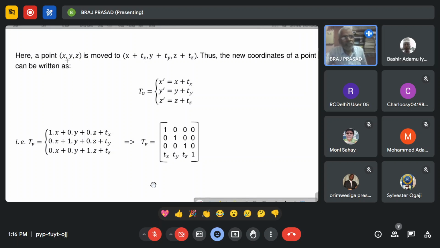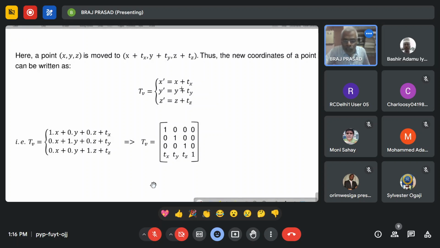A point x, y, z will be denoted like this: x plus tx, y plus ty, z plus tz. Thus, the new coordinate can be written like this. In 2 dimensions, the translation vector is this much only. But when we use 3D, one new row is introduced, and that row is for the z direction. So z dash becomes z plus tz.